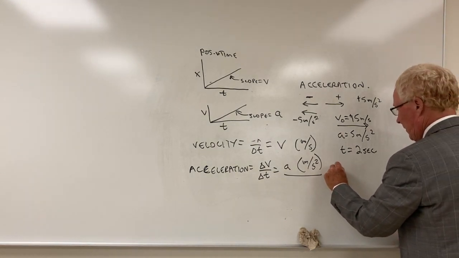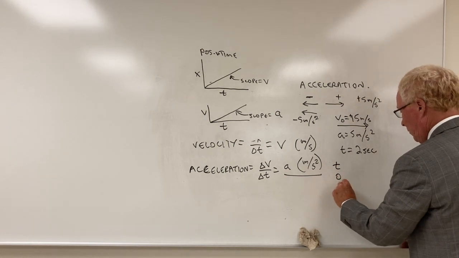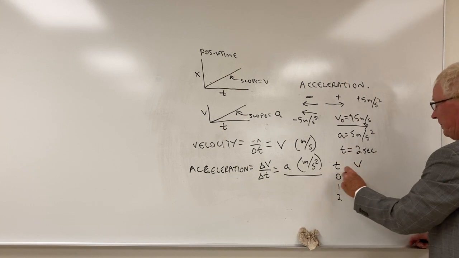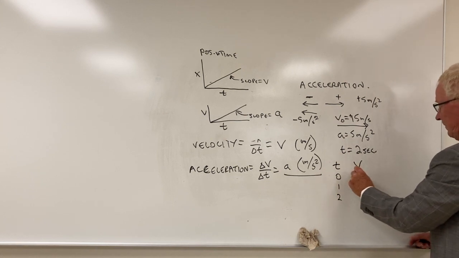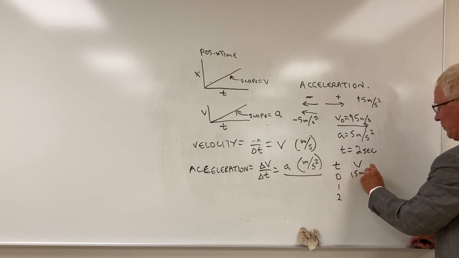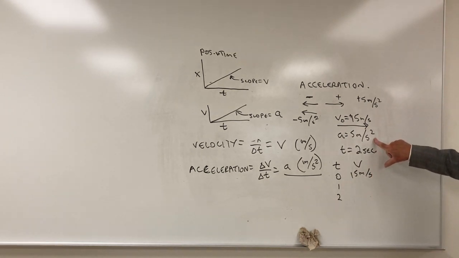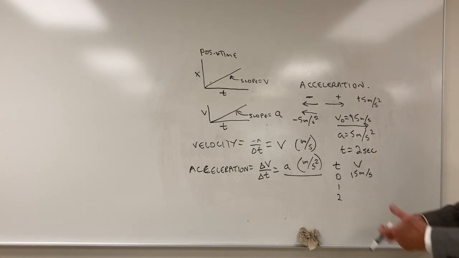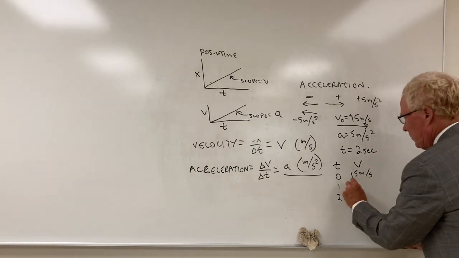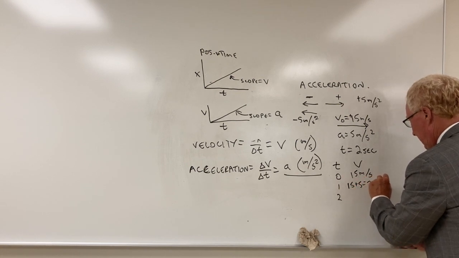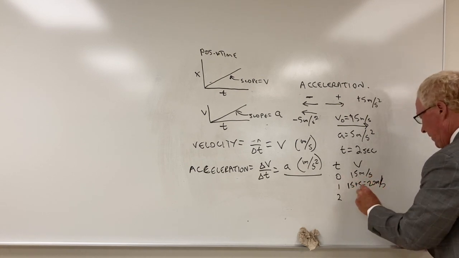All right, so we'll plot t at 0, 1, 2, and velocity, initially, would be 15 meters per second. Our acceleration is 5 meters per second squared. So after 1 second, we're increasing velocity about 5 meters per second. So this would be 15 plus 5 is 20 meters per second.